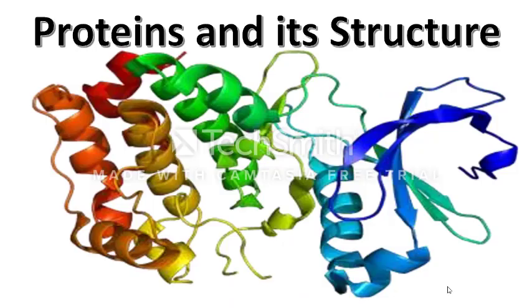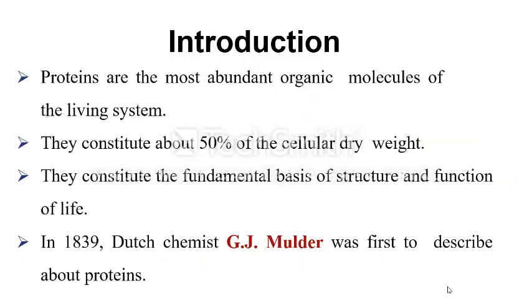So let's start with proteins and their structure. Proteins are the most abundant organic molecules of living organisms. More than 80% of the biomolecules are basically proteins. So our body is mainly made up of organic molecules that are mostly proteins.